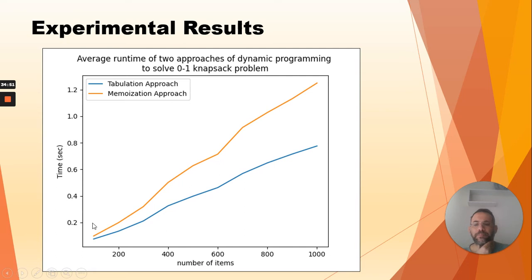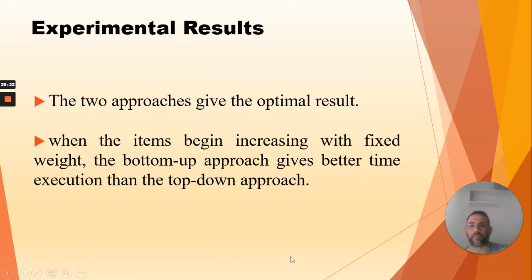We conclude that when the number of items increases, the tabulation approach, in blue, outperforms and takes advantage over the memoization, as this is the difference in time when the number of items increases.